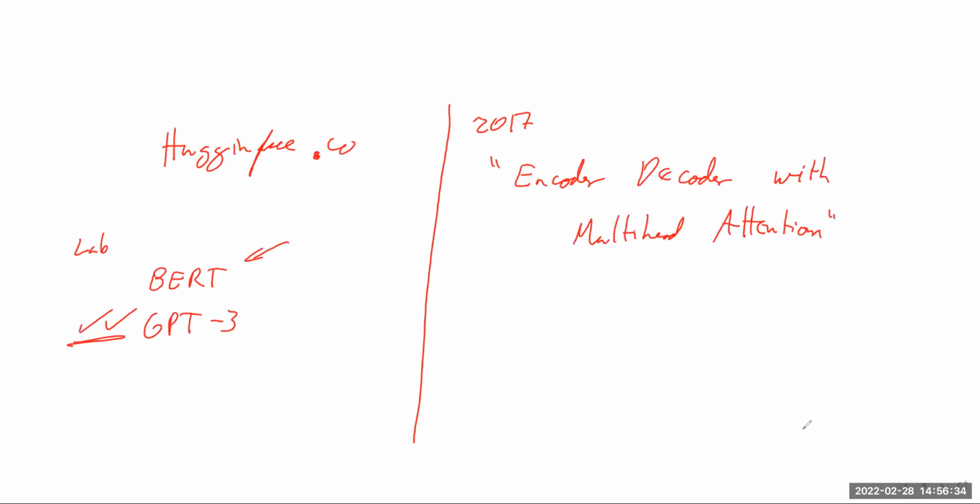We're going to start with the original one, the encoder decoder with multi-head attention, which was used for the language translation problem. Later in the semester, we're going to start looking at variants like BERT and the other ones and how they work. But just be aware that they all pretty much come from the same original code, okay?